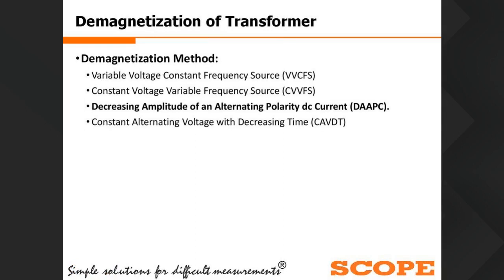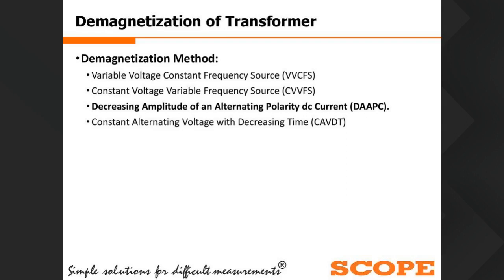For doing a demagnetization of the transformer, there are various methods. The first one is variable voltage constant frequency, then variable voltage variable frequency, decreasing amplitude of alternating polarity DC current, and constant alternating voltage with decreasing time. So these are four methods used for demagnetization of the transformer.